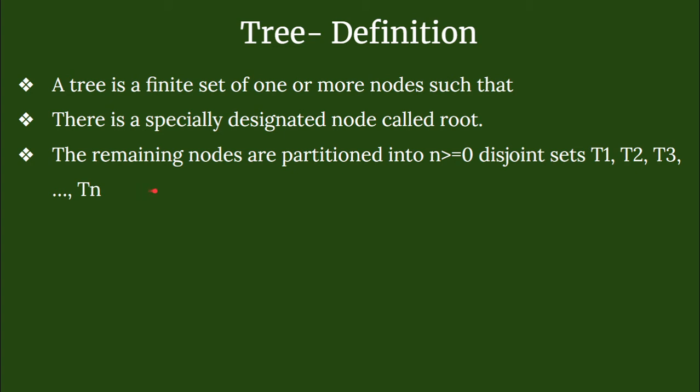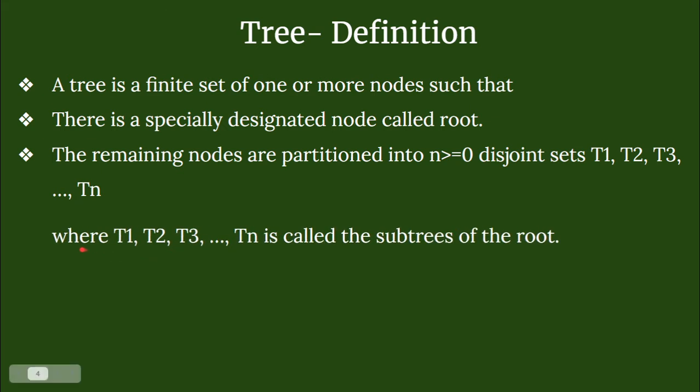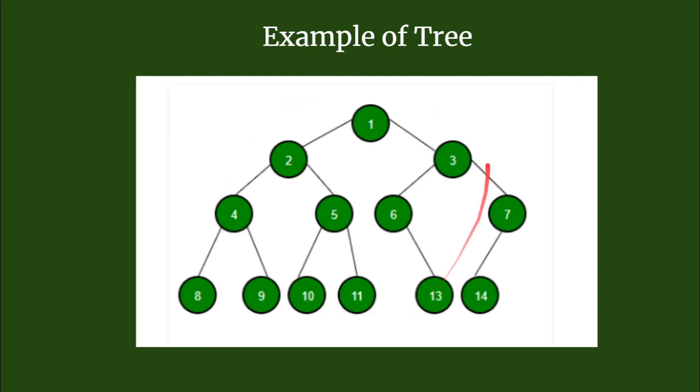That means we have a node and from the node there are many trees and all the trees are disjoint. That means they are independent of each other. T1, T2, T3 are called the subtrees of the root. So this is the example of a tree.